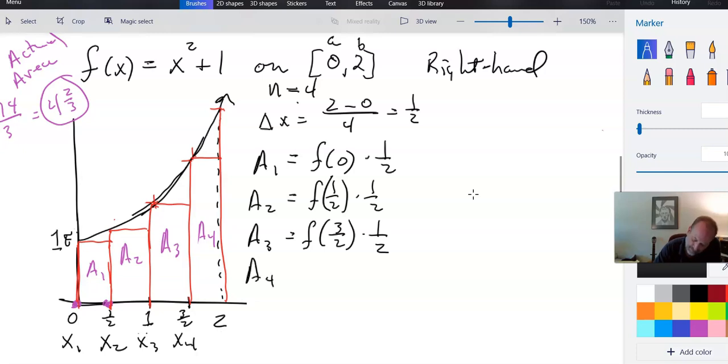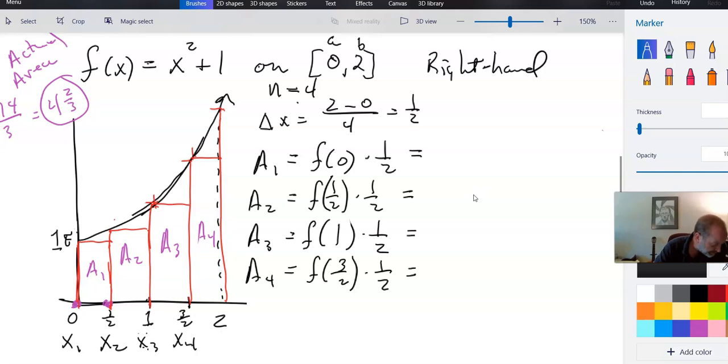Sorry, I got ahead of myself, I started thinking about the other example. And so x4 is 3/2, so A4 is f of 3/2 times 1/2. And these are going to compute pretty much the same way. You plug the value into f, figure out what you have, and then multiply it by 1/2.